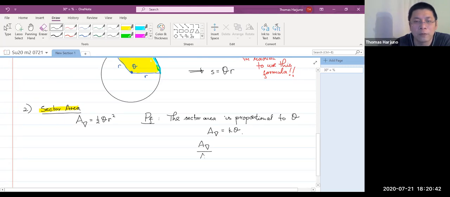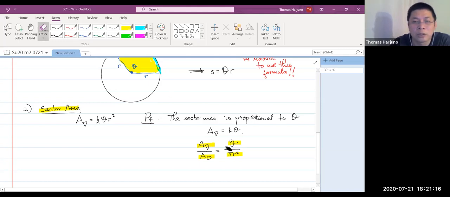It turns out that we can do it in the following way. We know that the area of a circle is equal to pi r squared. So the area of the sector divided by the area of the full circle equals the central angle of that sector over the central angle of the full circle.